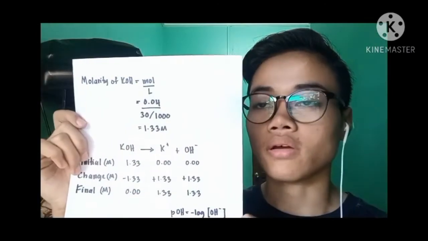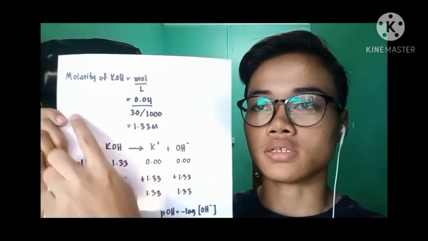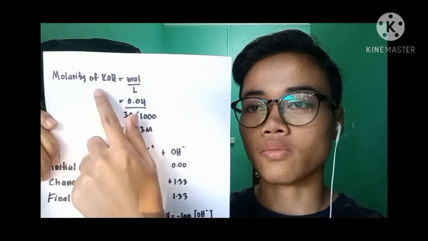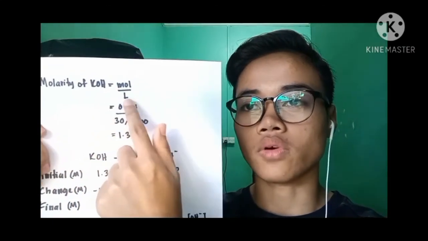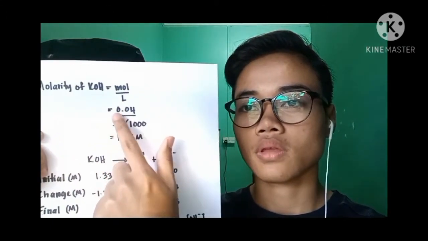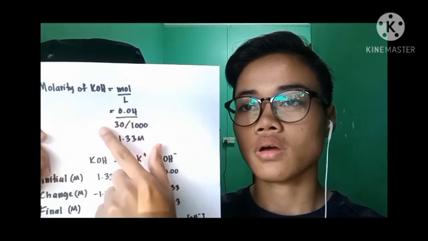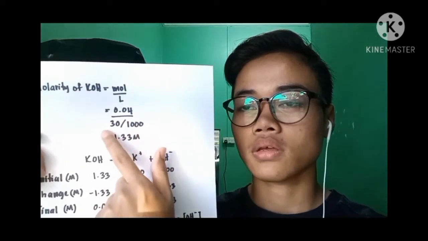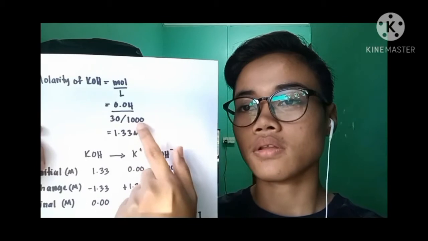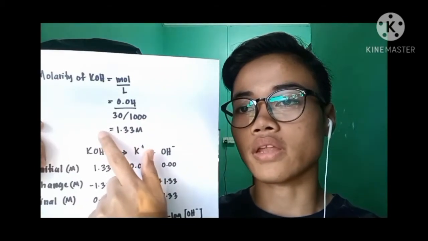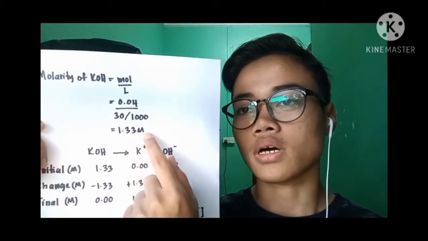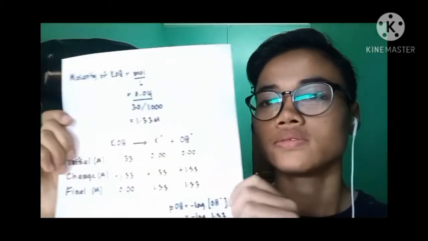Next, after we get the number of moles of potassium hydroxide, we can find the molarity of potassium hydroxide using the same formula. Molarity of potassium hydroxide is equal with mole over volume. The mole is 0.04 divided by 30 over 1000, and we will get 1.33 molar of potassium hydroxide.